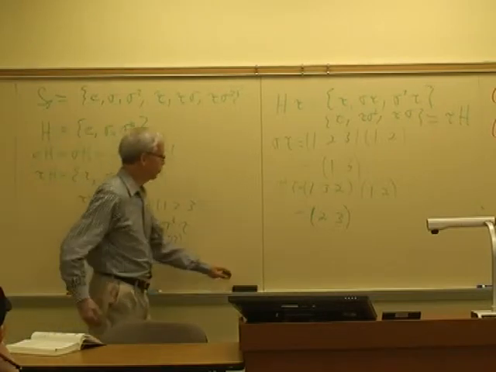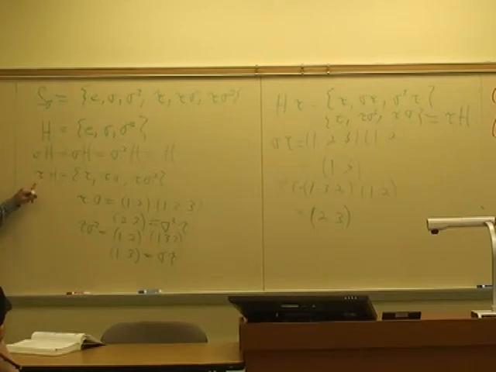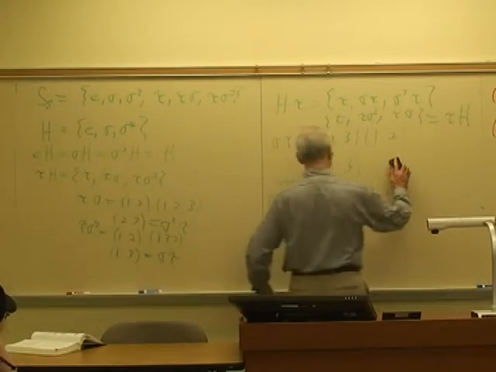Because this thing is normal, and obviously if I did any of these, I could build tau sigma with any of these elements in here. We're not going to go into detail with too much stuff, but it works, right?